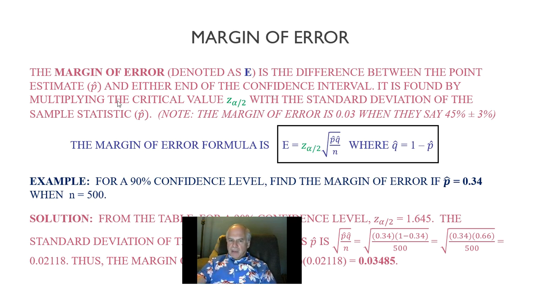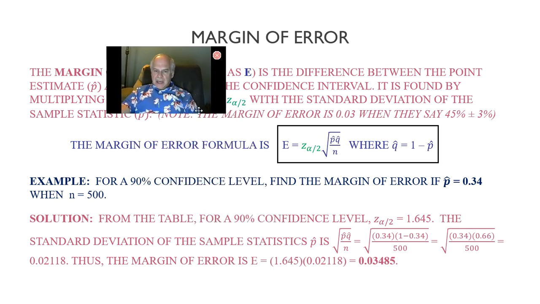It is found by multiplying the critical value, z alpha divided by 2, with the standard deviation of the sample statistic. Now that's also called the standard error. And so you go the critical value times the standard error. We have square root of p hat q hat over n. And q hat is 1 minus p hat.